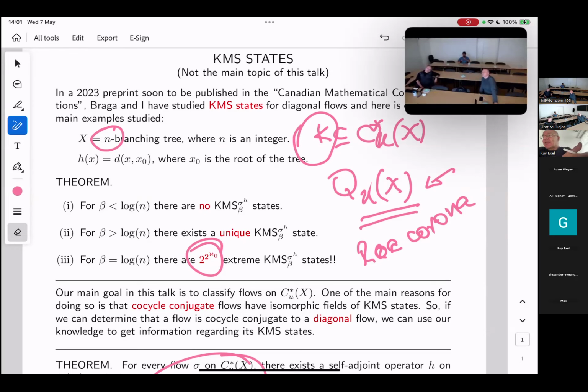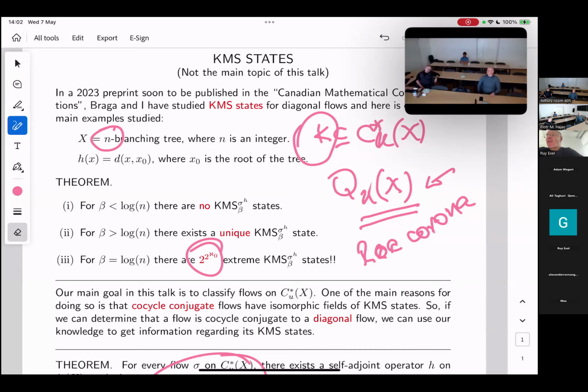Every time you study KMS states, the very KMS condition involves analytic elements. If our flows are coarse, then the VFs are analytic elements. So you can look at the KMS condition, plugging in the VFs in the KMS condition. That's how we get a handle to deal with the KMS.